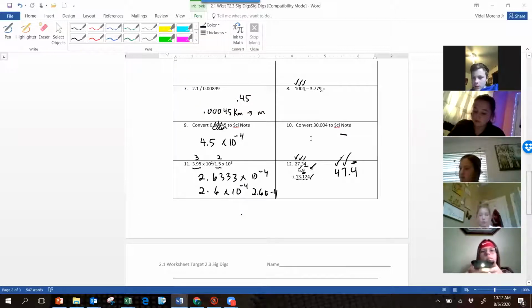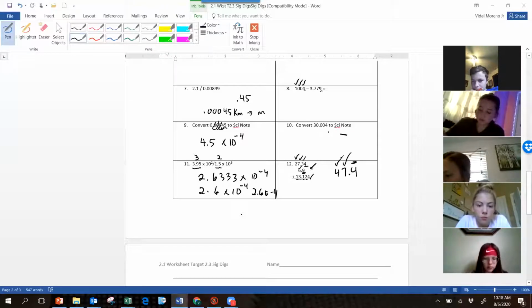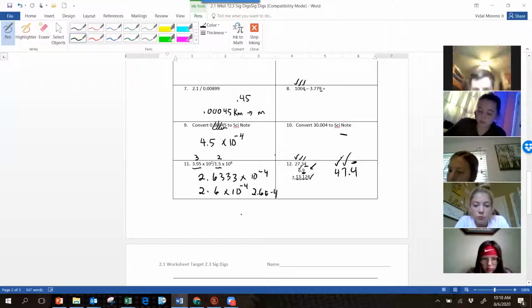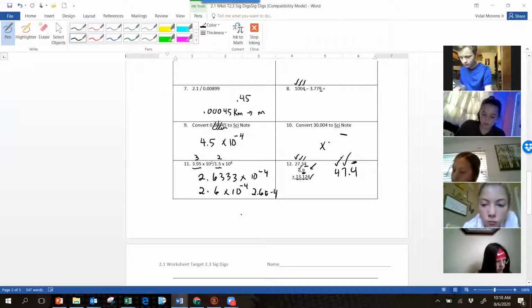Okay, so if you're converting to scientific notation, you need to move the decimal however many places gets you a number that is between 1 and 9.99. Because this is a bigger number than 1, I know it's going to be times 10 to the positive something.